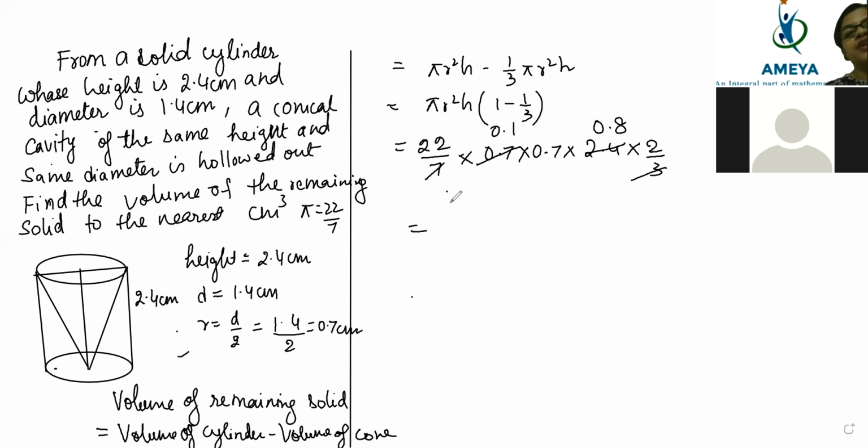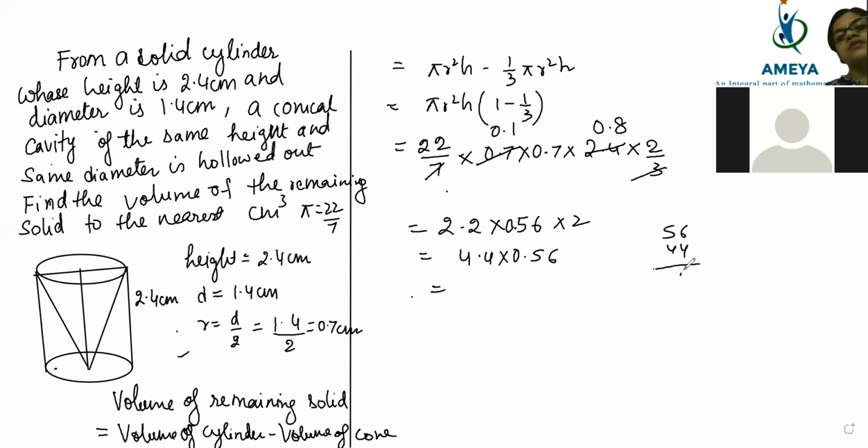So this one will become 22, so 2.2 into 0.56 into 2. So 4.4 into 0.56. So it is coming 2464.